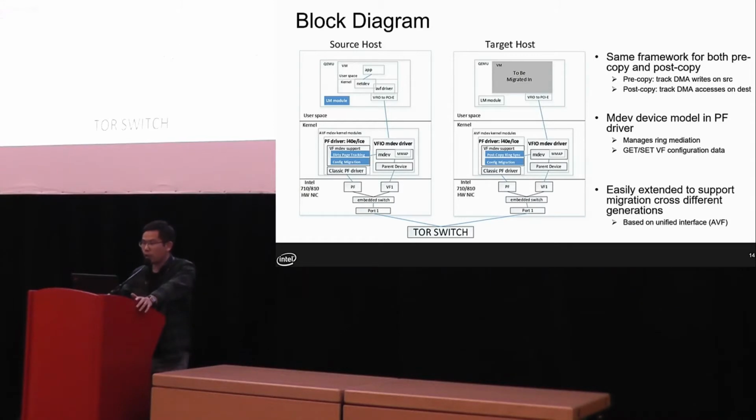Pre-copy and post-copy share the same framework for tracking DMA accesses. Pre-copy does it in the source, post-copy does it in the target host. We implement the MDEV device model in the PF driver, which manages ring mediation and get/set VF configuration data.